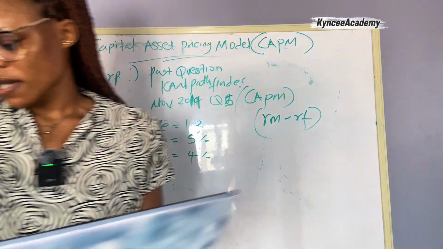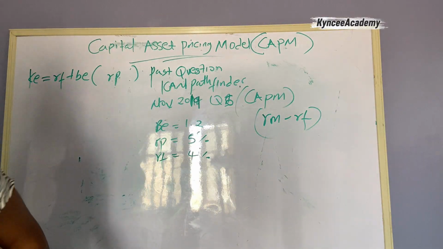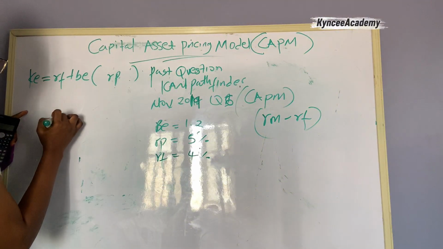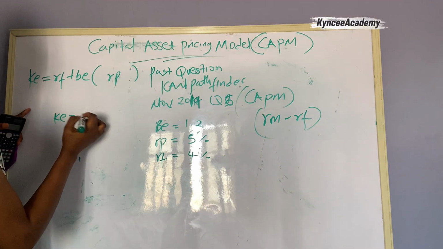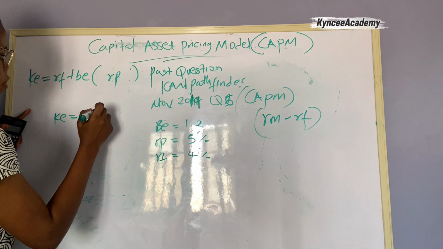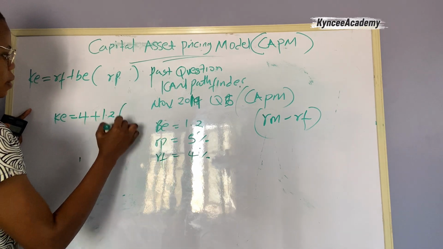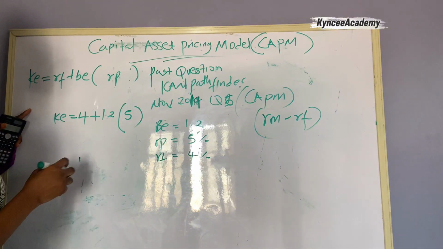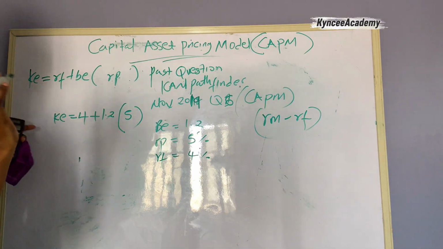So now let's solve it. We'll say KE is equal to risk-free, which is 4%, plus BE, which is 1.2, times risk premium, which is 5. You see, we are doing it straight now. We are not subtracting like the first one.